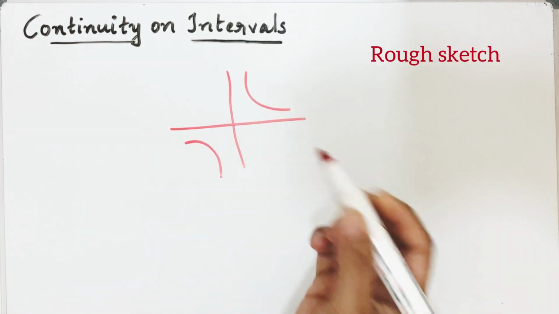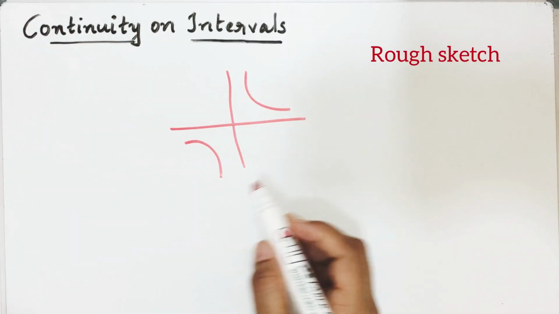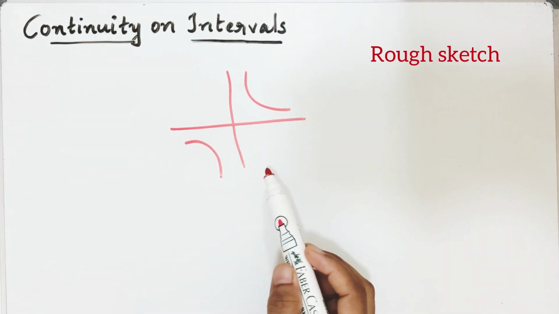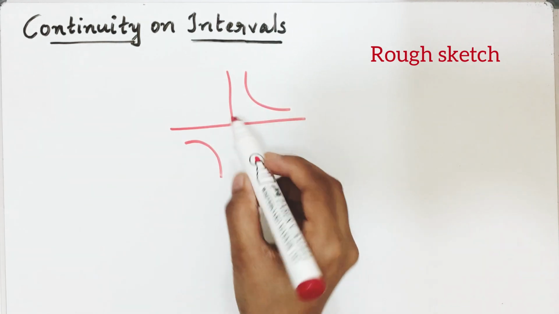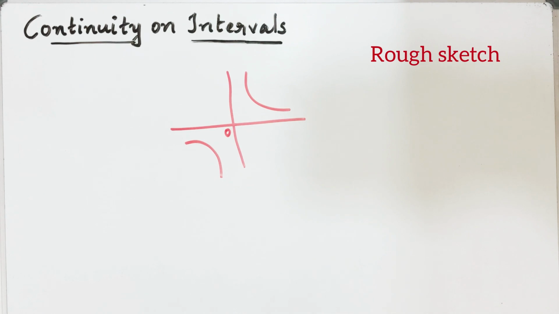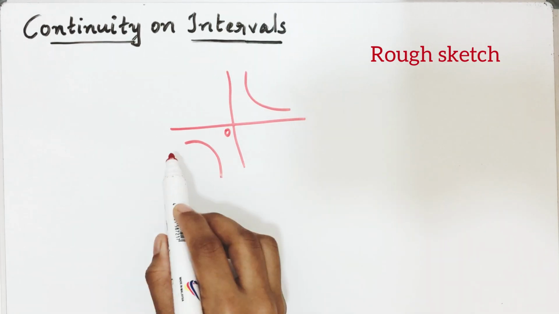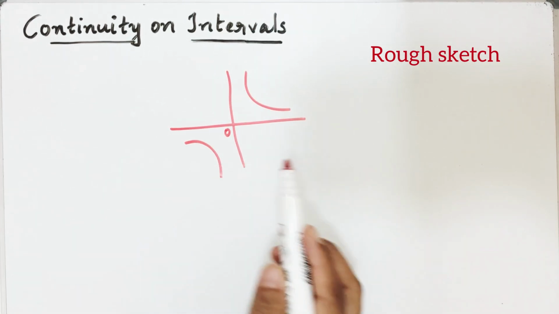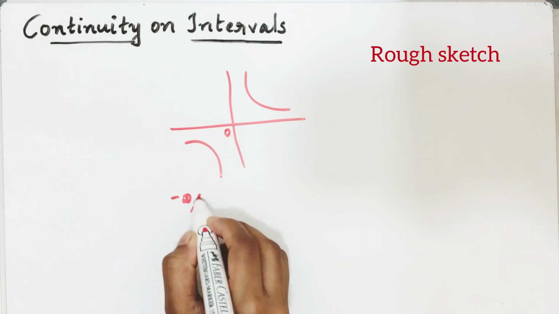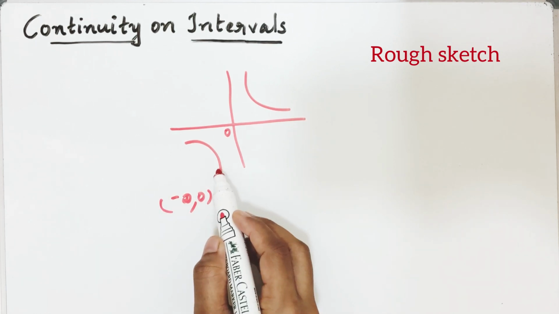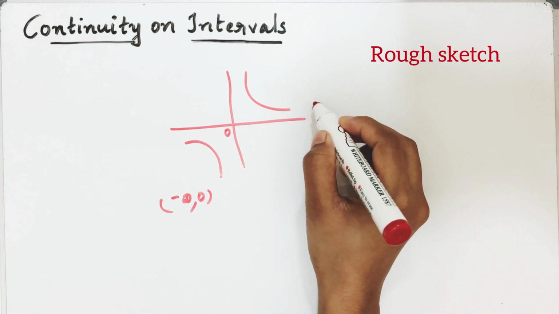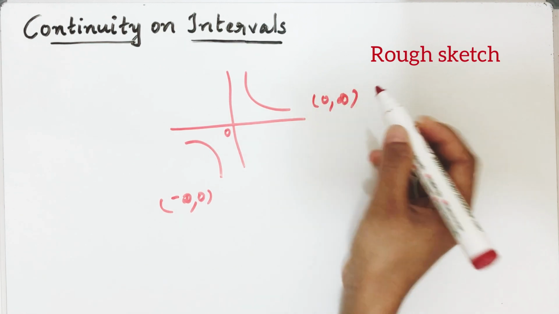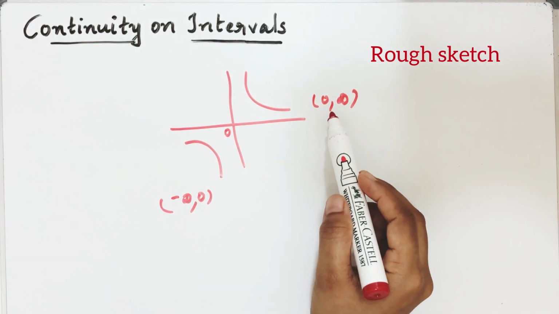1 by x. Here this function is not continuous in the domain minus infinity to infinity. Here it is discontinuous at 0. But this portion is continuous and also this portion is continuous. Or we can say in the interval minus infinity to 0, this function is continuous, and also in the interval 0 to infinity, this function is continuous.